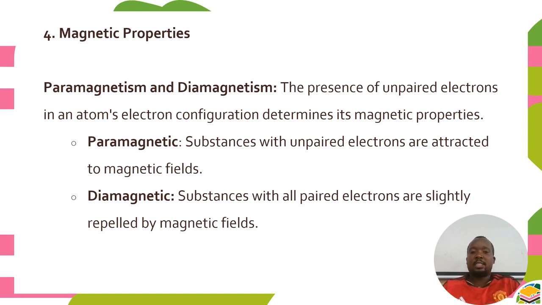It will also tell us about magnetic properties, that is paramagnetism and diamagnetism. Paramagnetic substances are the ones which have unpaired electrons and are attracted to magnetic fields, while diamagnetic substances have paired electrons and are slightly repelled by magnetic fields. So all this information is because of the electron configuration.